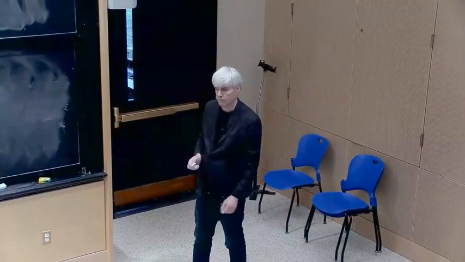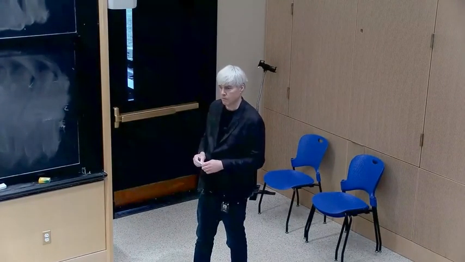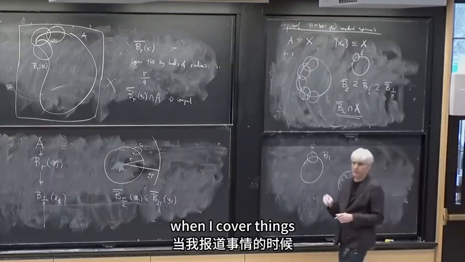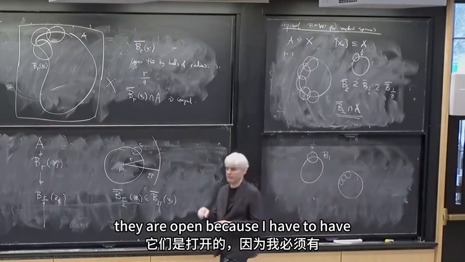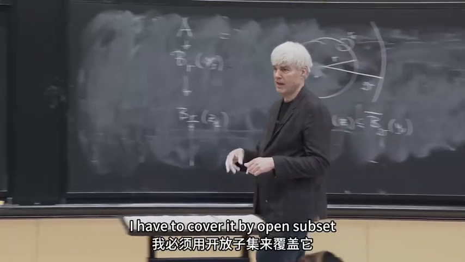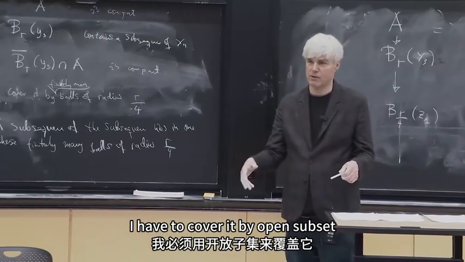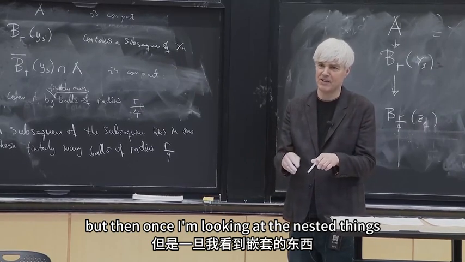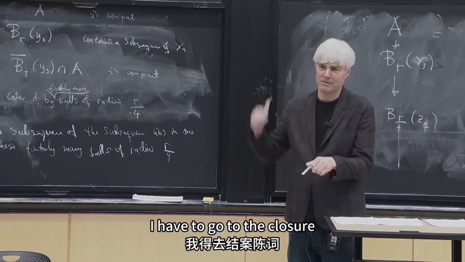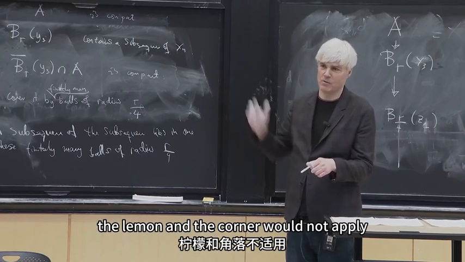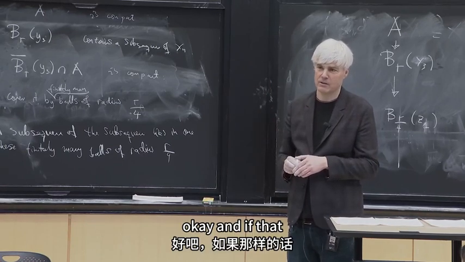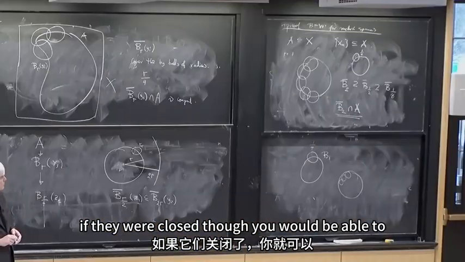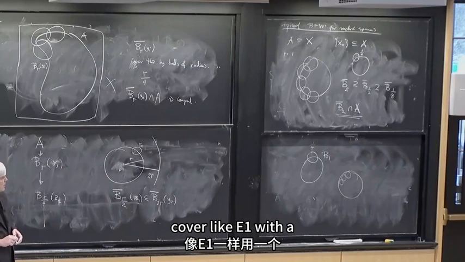Since they're all closed balls, or wait, no, these are open balls? When I cover things they are open, because when I have a compact set, I have to cover it by open subsets. But then once I'm looking at the nested things, I have to go to the closure, because otherwise the lemma in the corner would not apply.